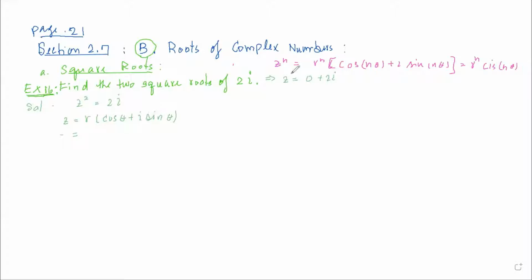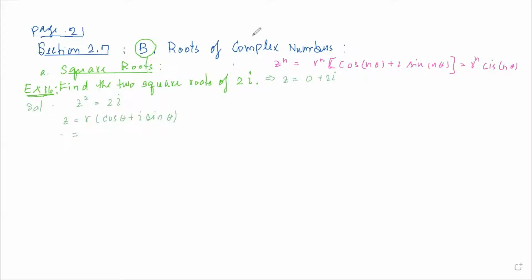Now we can apply the De Moivre theorem to this question also, because we want to find the square root of this complex number, the square root of 2i.